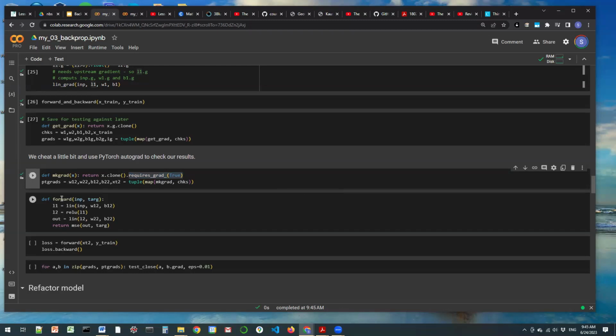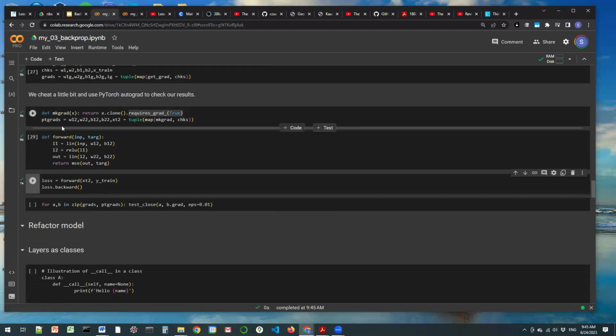The forward just says, I am giving it the input, giving you the target, and I'm going to use these values. It's just a re-specification with slightly different values, if you will. So that we keep the variables separated, and then we calculate the loss, and the PT grads are the PyTorch computed values. The grads are our own computation. Let's just, for each one of them, check that they are identical.